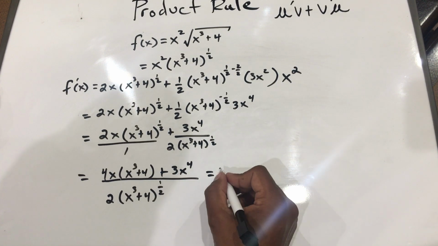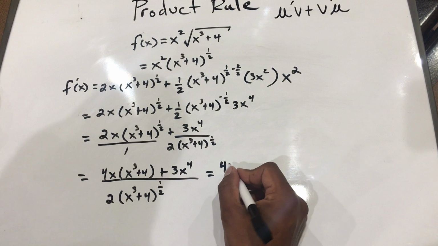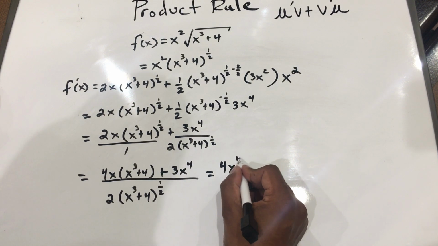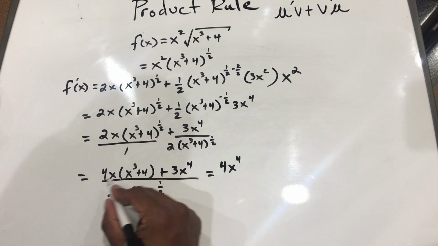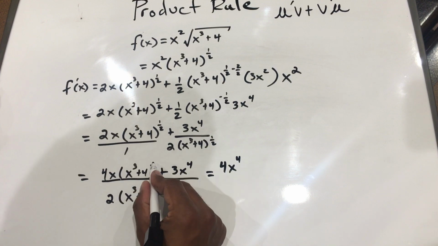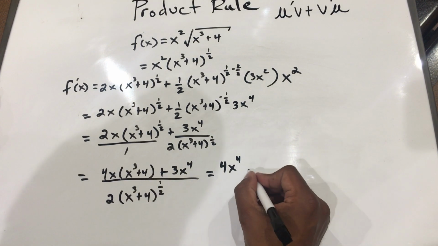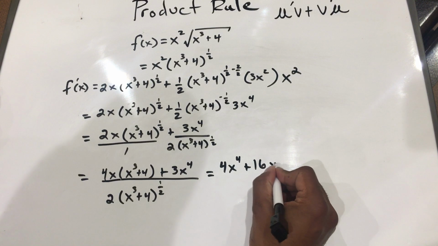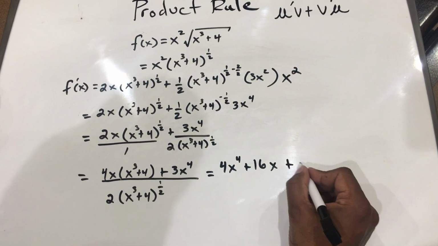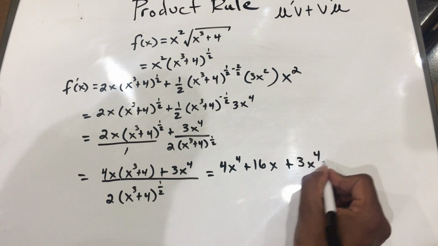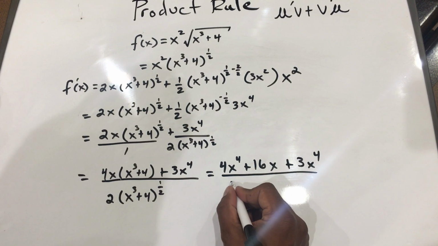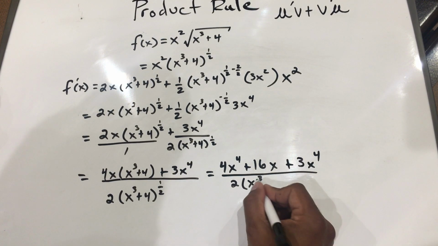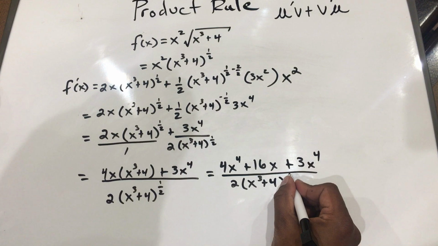Now we can simplify a little bit. So I get 4x to the fourth because I distribute the 4x into these parentheses. There's no power here, so I'm allowed to do that. Plus 16x plus 3x to the fourth, all of that divided by 2 times x cubed plus 4 to the 1/2.